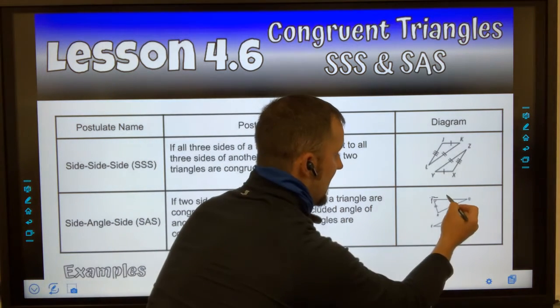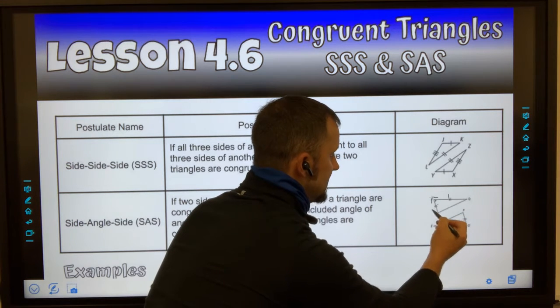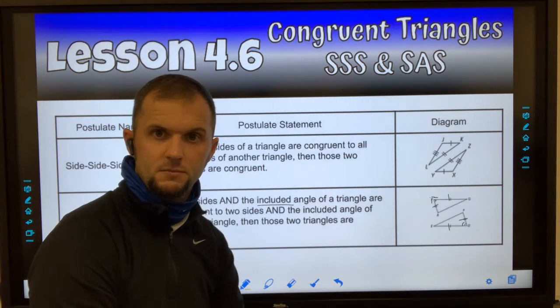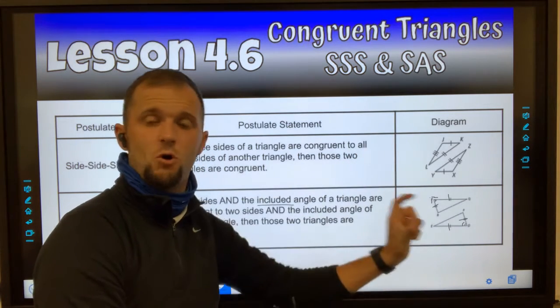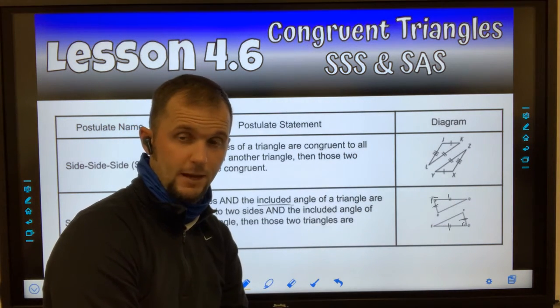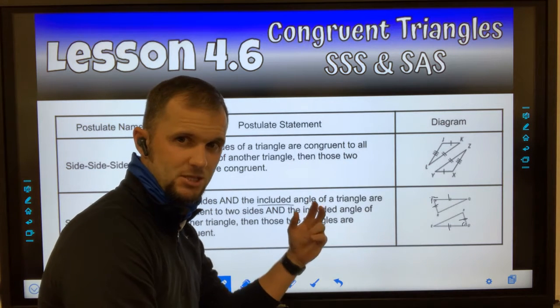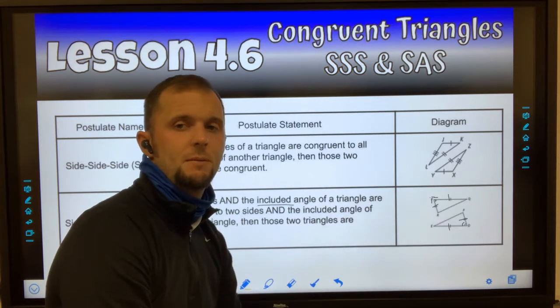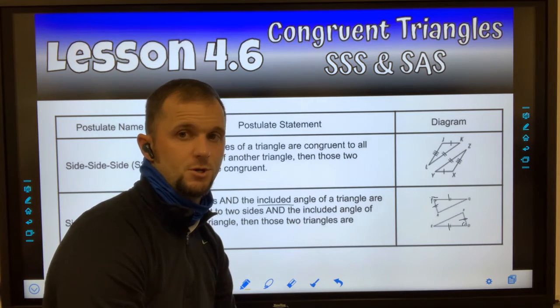So that means side, angle, side, side, angle, side. That matches up. In that specific order, if those match up, then those two triangles are congruent. We're going to take these two postulates, side, side, side and side, angle, side, and flip over to the examples and see if we can prove that some triangles are congruent to each other.